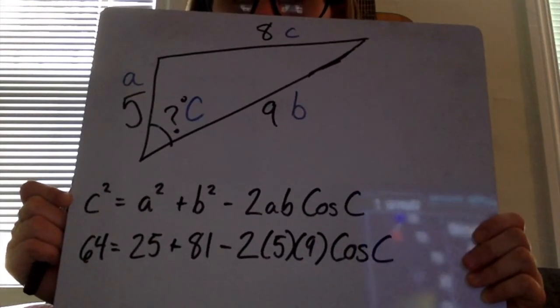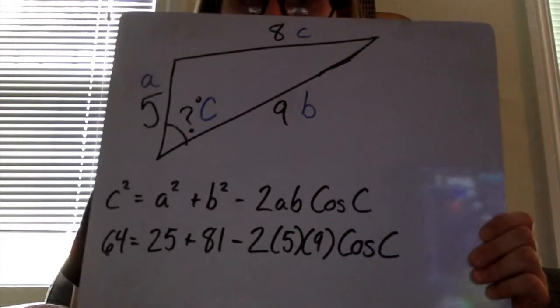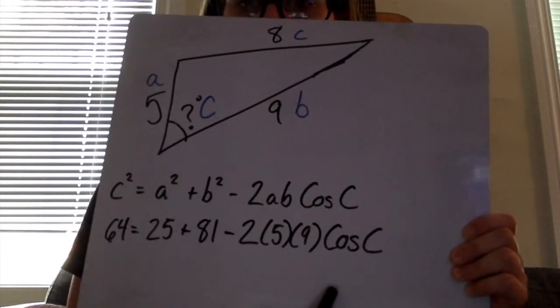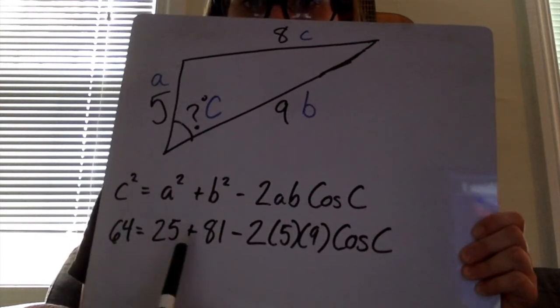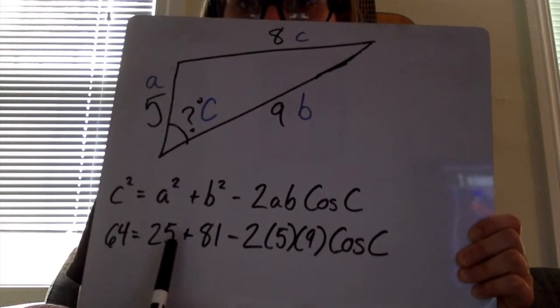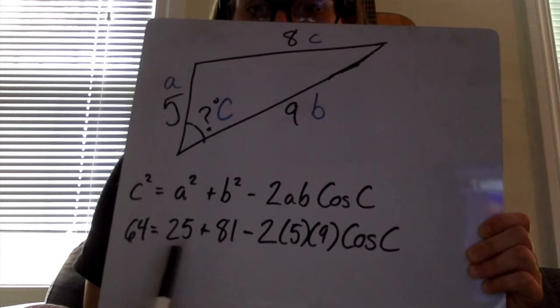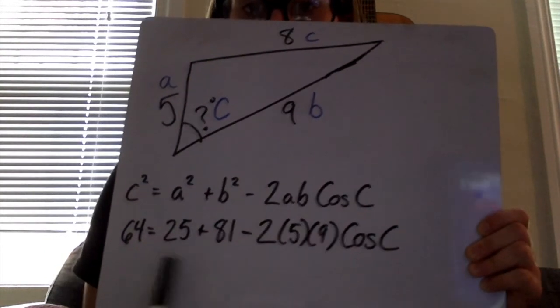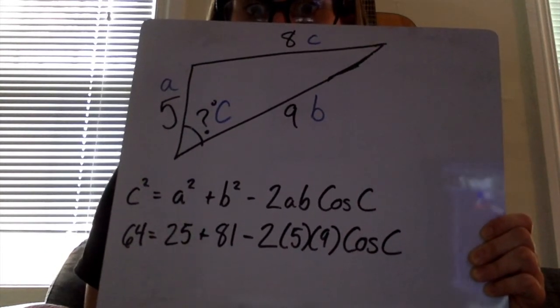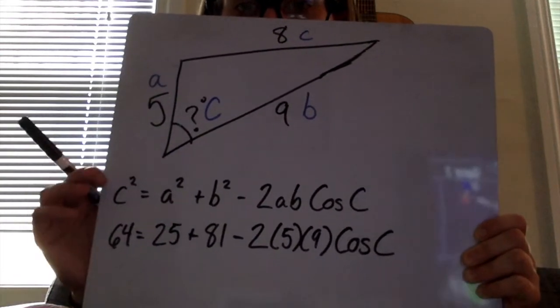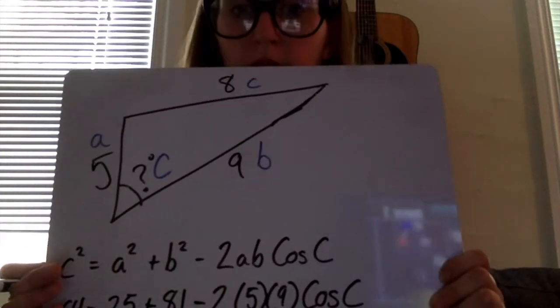Okay, so now I'm going to isolate this by working furthest from the cosine C and work my way in. So I'm going to get rid of this 25 and this 81. I'm going to subtract them both on both sides. 25 plus 81 is 106, so I'm going to subtract 106 from both sides.